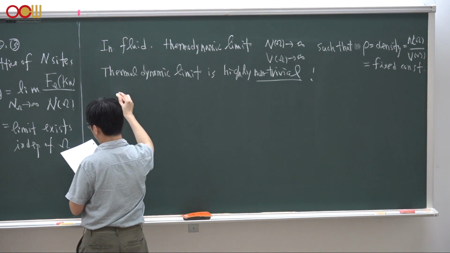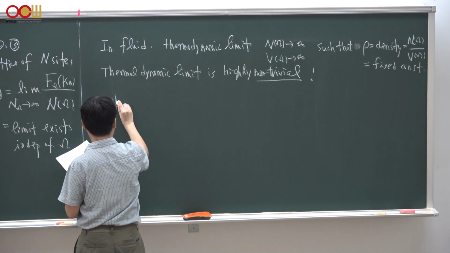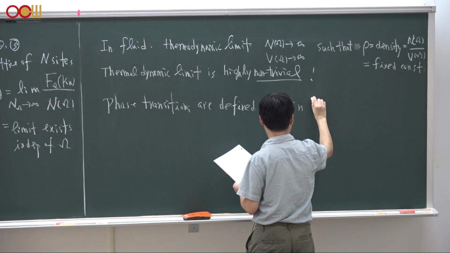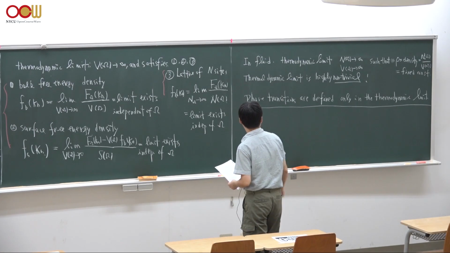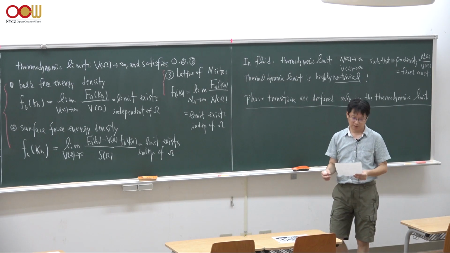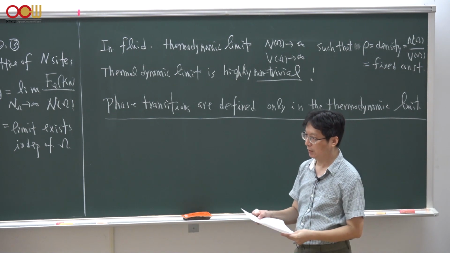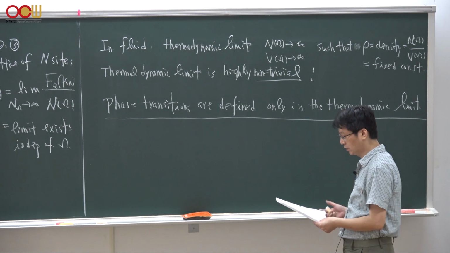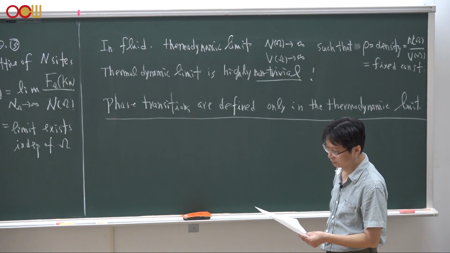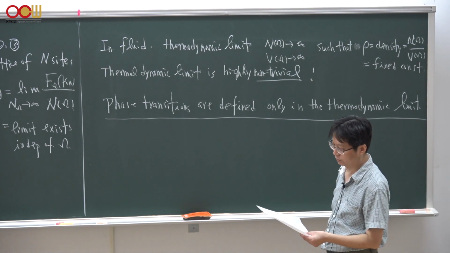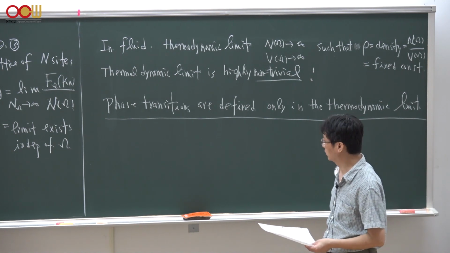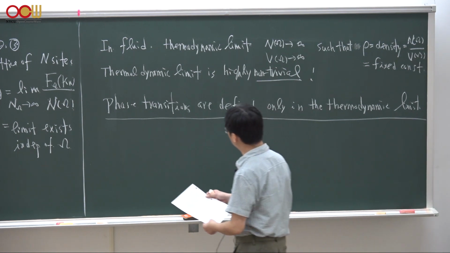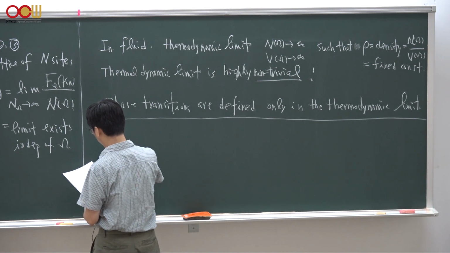And the final statement is that phase transitions are defined only in the thermodynamic limit. To illustrate this, our textbook gives an example of power law interactions, say in a fluid or in another spin system or some density interacting system. We don't have time to discuss this today, but we will discuss this next time. But let me just briefly outline this example.